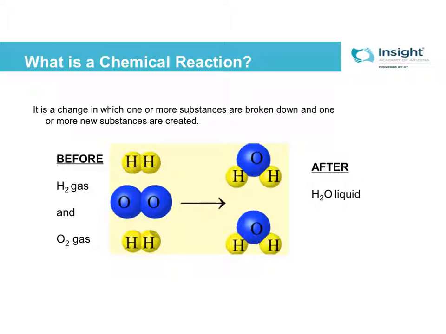For example, to create liquid water, you have to put in hydrogen gas and oxygen gas, and you've got to break apart those molecules and rearrange them so that you have two hydrogens attached to one oxygen to make water. So, reactions involve breaking things down and then reforming them in some sort of new chemical makeup.